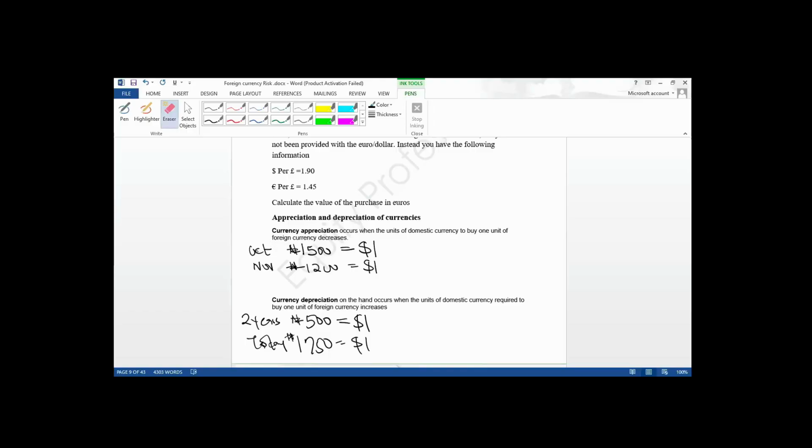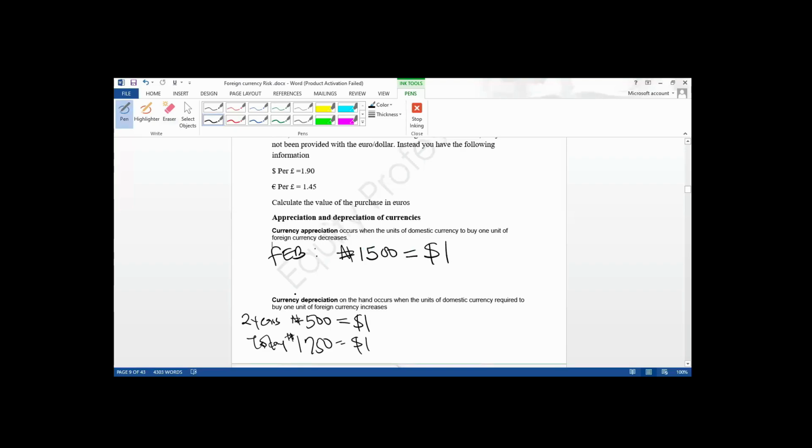For example, assuming in February you require 1,500 Naira equal to $1.